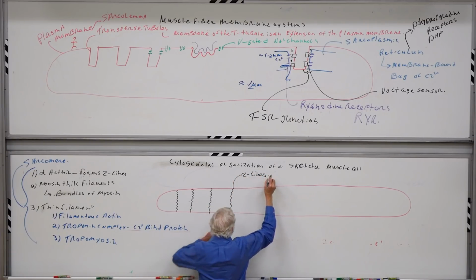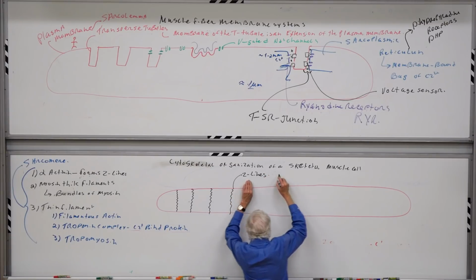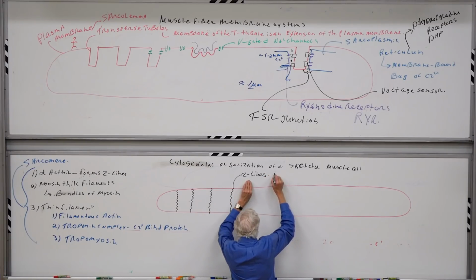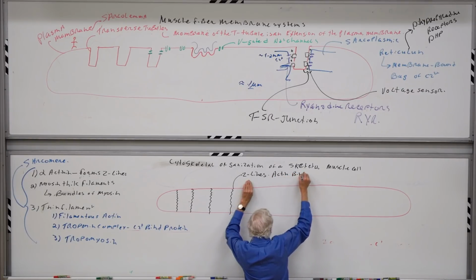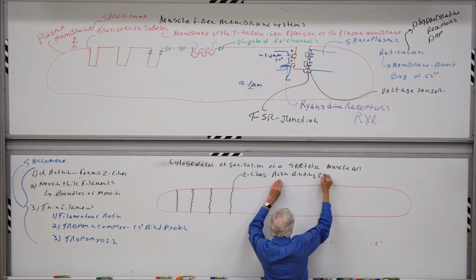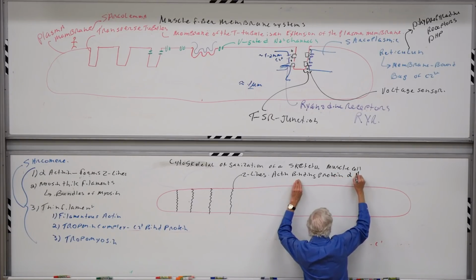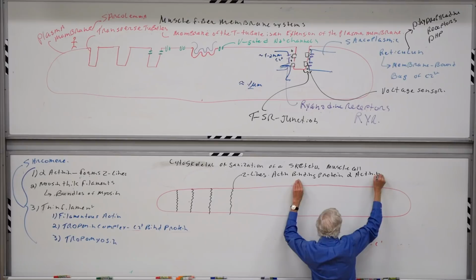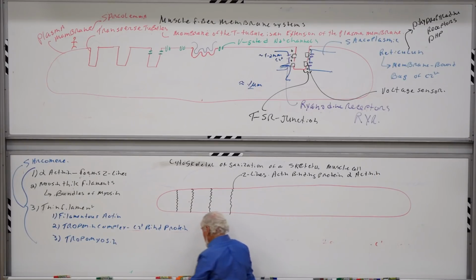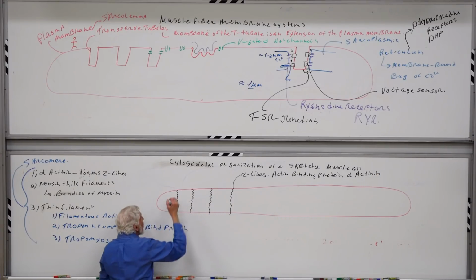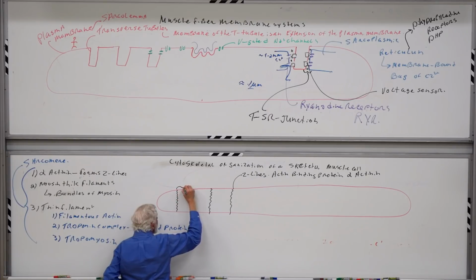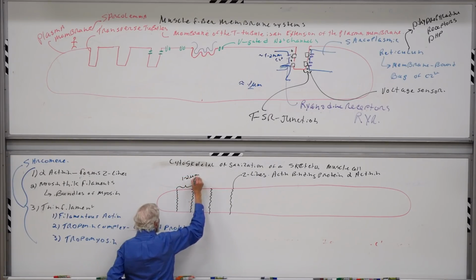They were described as Z-lines entirely upon their morphology. We now know that they're composed of an actin binding protein called alpha-actinin. These Z-lines occur at regular intervals, at an interval of about 1 to 2 micrometers.